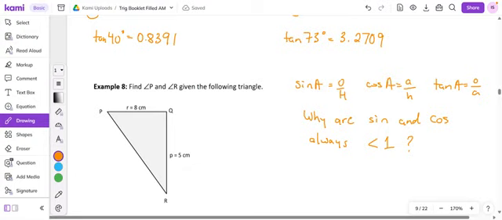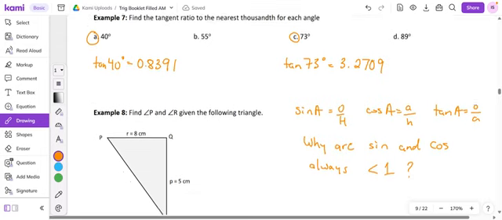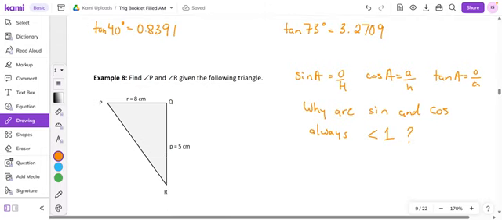We're not talking about 90 degrees, because I know that sine of 90 is 1. But if I'm just looking at the acute angles, the ones smaller than 90, sine and cosine are always less than 1. I did not mention tangent. And I see, hey, I can have a tangent that is 3.273. How is that possible?